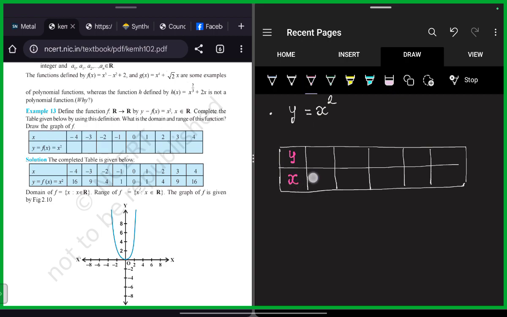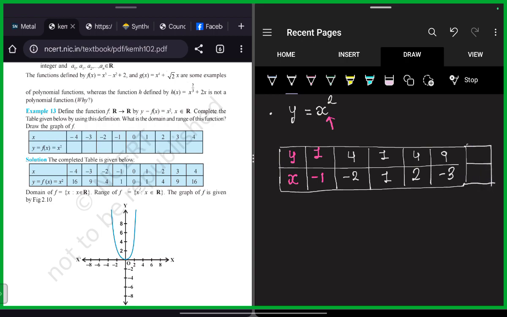So if you put x is equal to minus 1 here, y will become plus 1, yes or no? If you put x is equal to minus 2, y will become plus 4. If you put x is equal to plus 1, y will become plus 1. If you put x is equal to plus 2, y will become plus 4. If you put x is equal to minus 3, y will become 9. Yes or no?